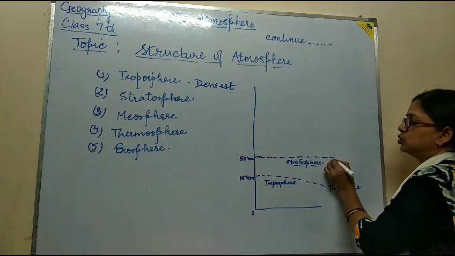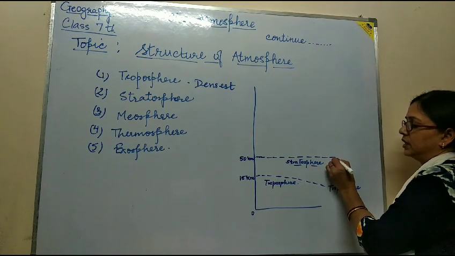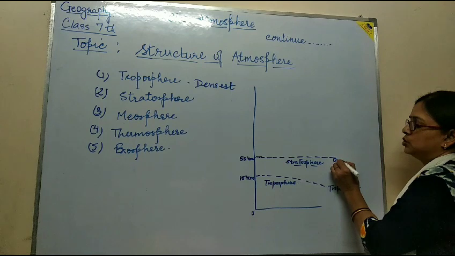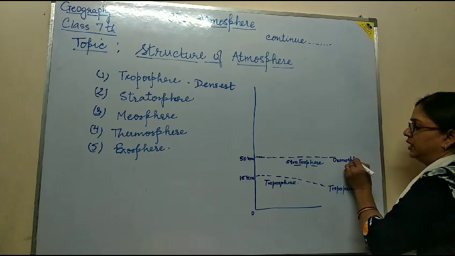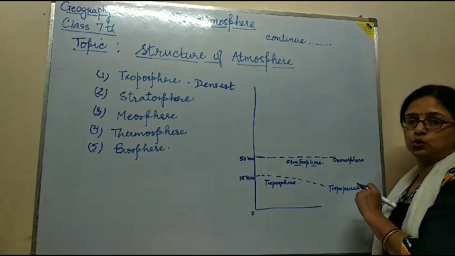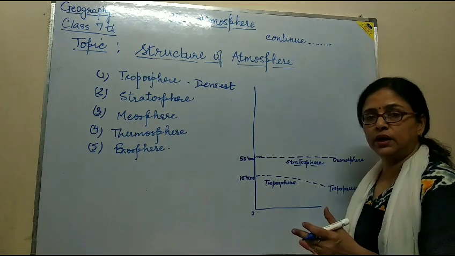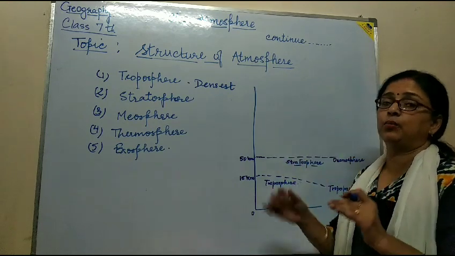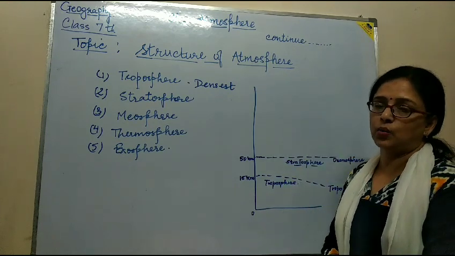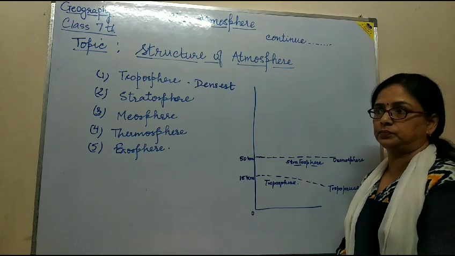We also find the ozone layer in this layer, because of that it is also called the ozonosphere. What is the ozone layer? It is a layer that protects the earth from the ultraviolet rays of the sun.